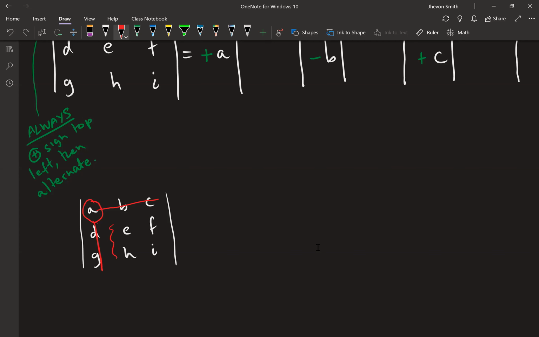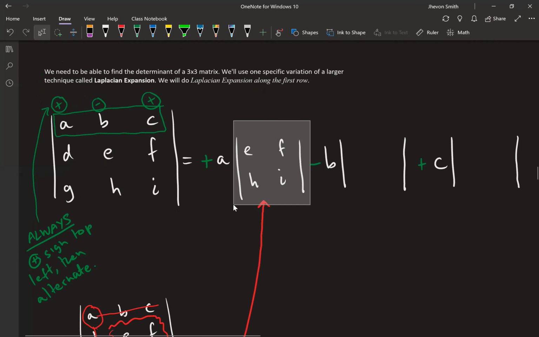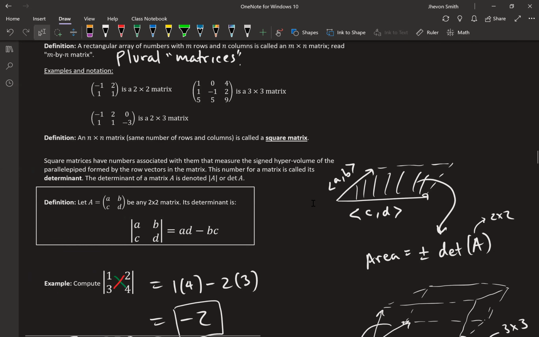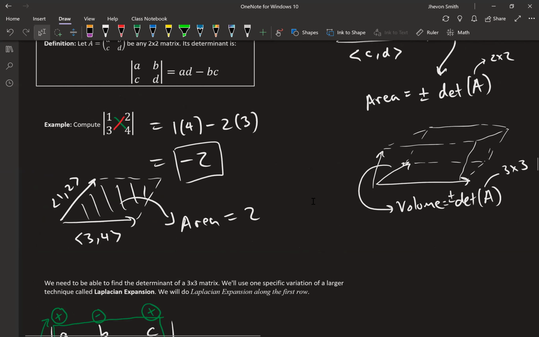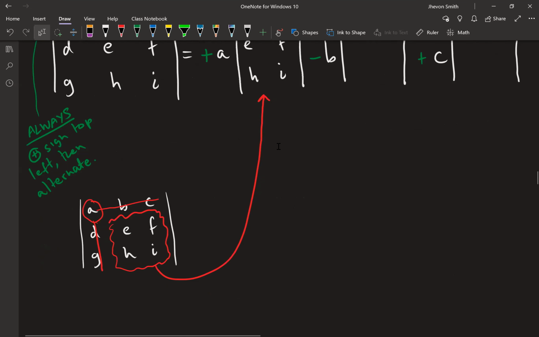The matrix that you have left over is what goes in here. So here we would have E, F, H, I. And that's just a 2 by 2 determinant, which you can just use this little cross product difference to, actually, cross product is a bad way to call that, but you get the idea.